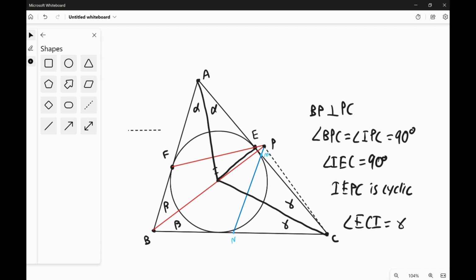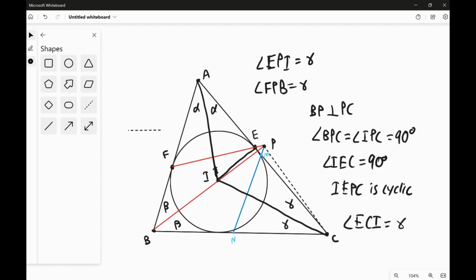Then all we have to do is prove that angle EPI is equal to gamma. So suppose that angle EPI was equal to gamma, then that would mean that angle FPB is equal to gamma as well.